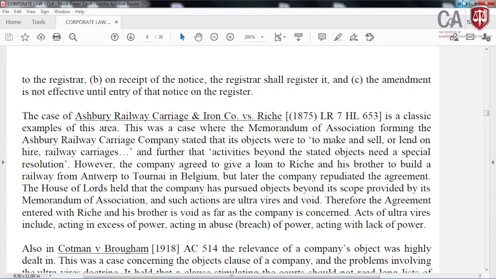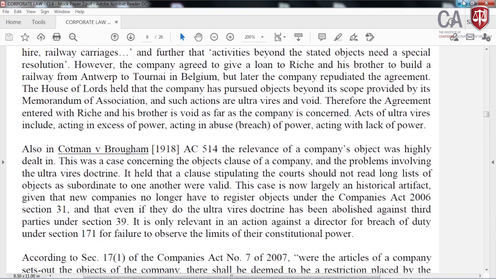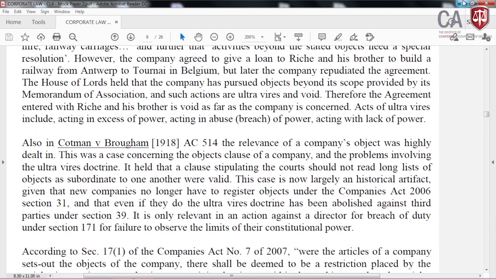Now, also in Cotman versus Brougham, the relevance of a company's objects was highly dealt with. This was the case concerning the objects clause of a company and the problems involving the ultra vires doctrine. It held that clauses stipulating that courts should not read long lists of objects as subordinate to another were valid.